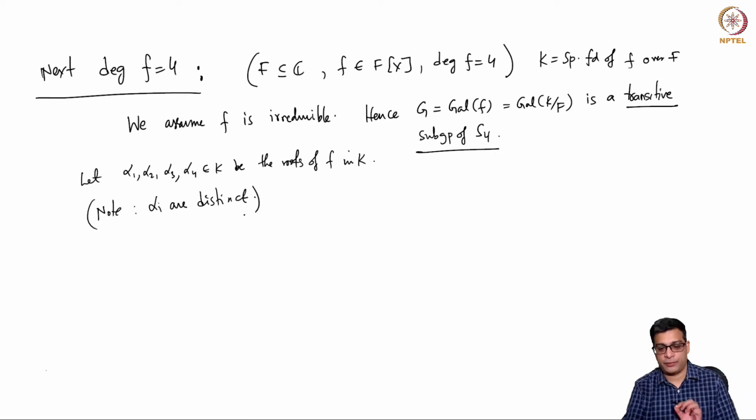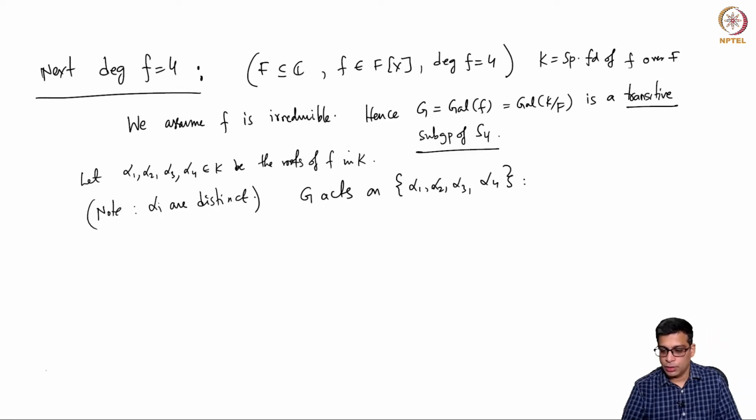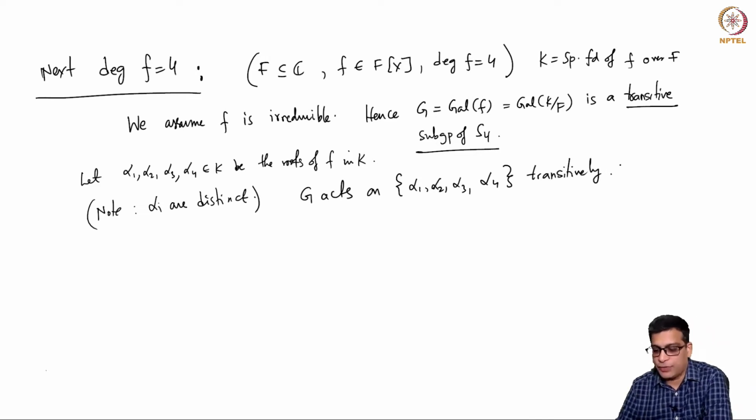So, there are in fact 4 distinct roots, and G acts on this set transitively because f is irreducible. That means given any pair of roots of f, there is an automorphism which sends one to the other.